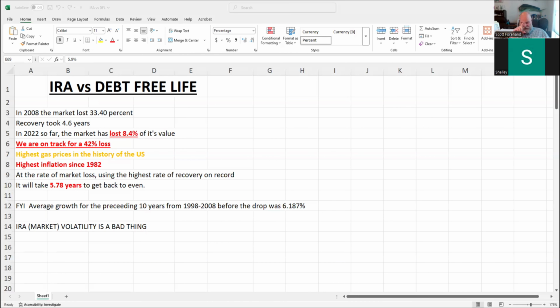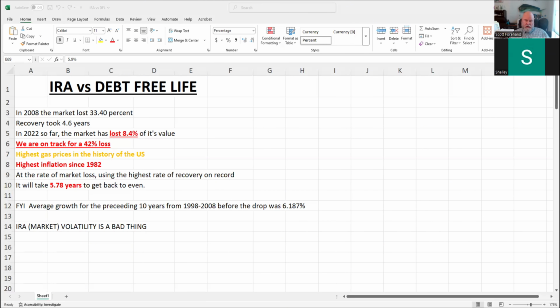Like I said, it went down 36, came back up 16, so it's down a total of 19%. All right. So if we look at the average length of time, and I said 5 years, it looks like it's 5.78 years is what we're using in this example. I'm still going to stick with 5 years. It takes about 5 years for a true market recovery to get to where we need to be.